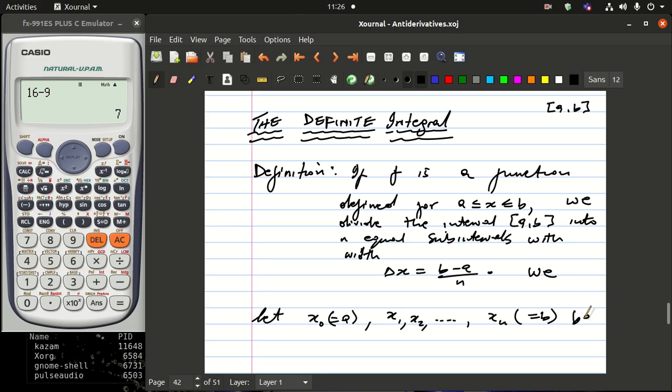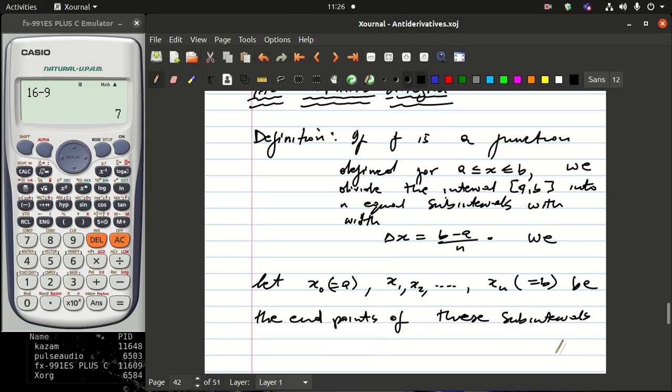I will let these be the end points of these sub intervals.